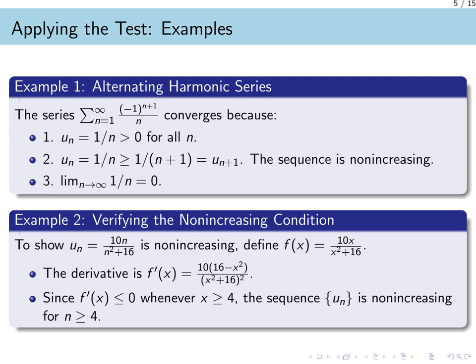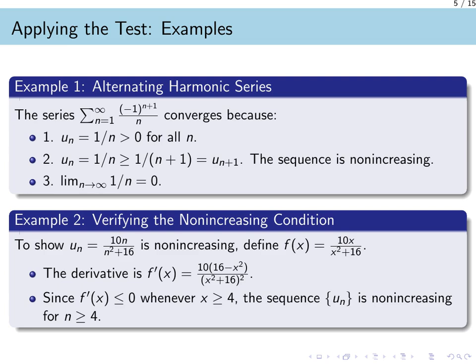For our second example, verifying the non-increasing condition is less obvious. A powerful technique is to define a continuous function, f of x, that matches our sequence terms, u sub n. If the derivative of this function is negative, or 0 for x beyond some value, then the sequence is non-increasing from that point onward.